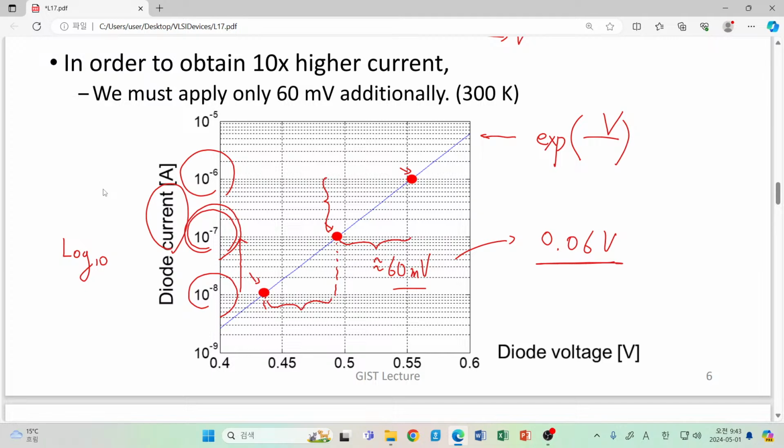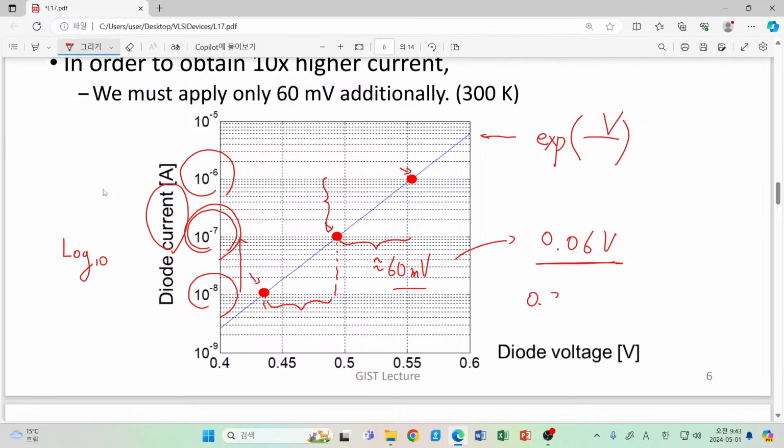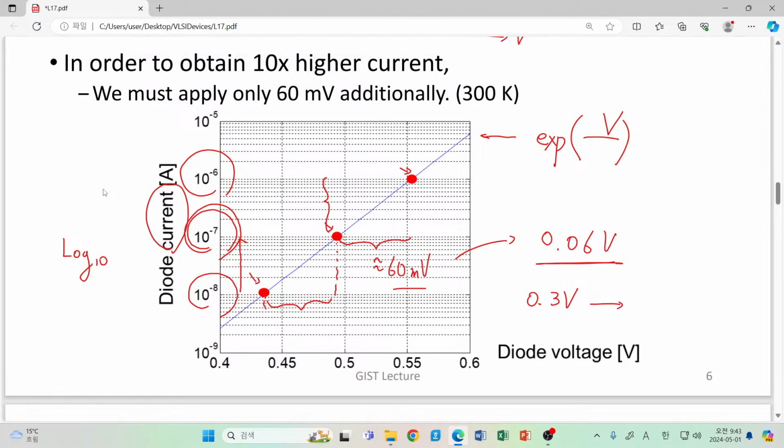For example, my quick question is, if you apply 0.3 volt additionally to your diode, then how much do you expect the increasing factor of your terminal current to be?